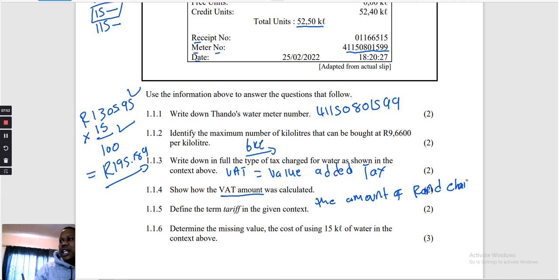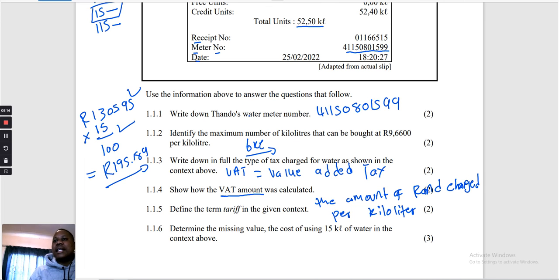I cannot say rent. The amount charged per kiloliter, because they want this answer in this context, and in this context they're talking about kiloliters. If they were talking about electricity, we would say the amount charged per kilowatt.